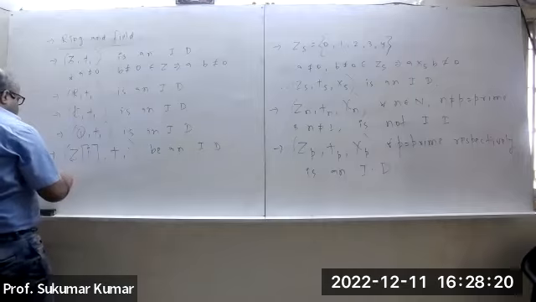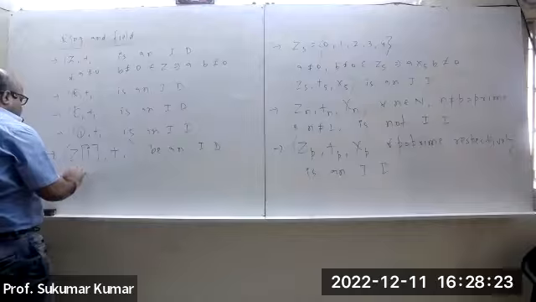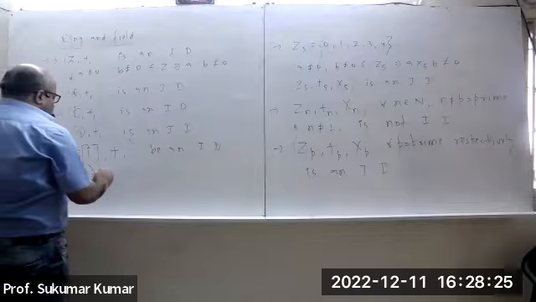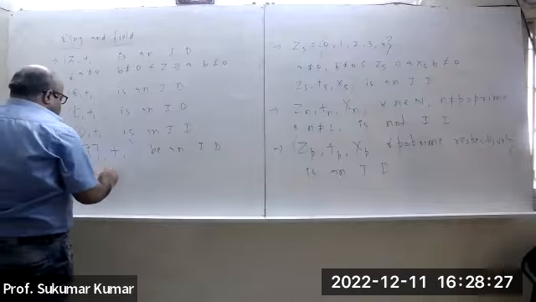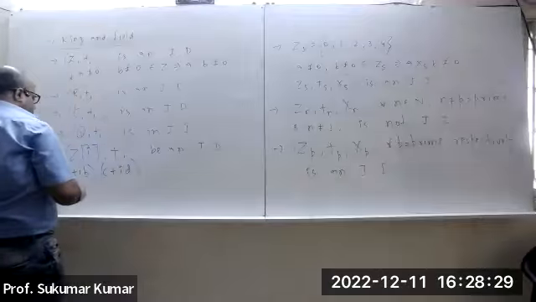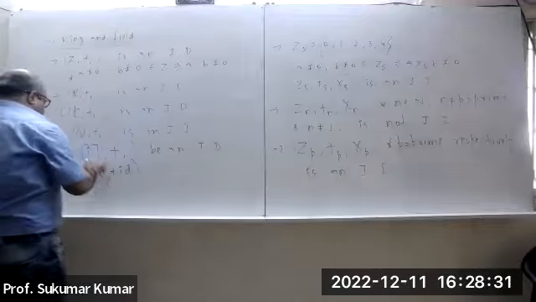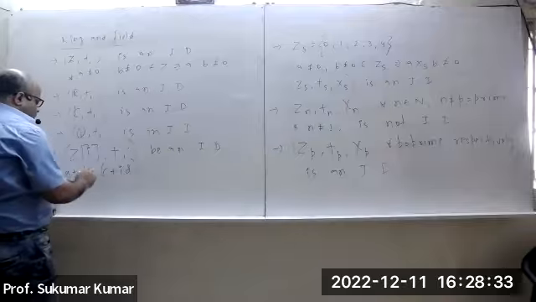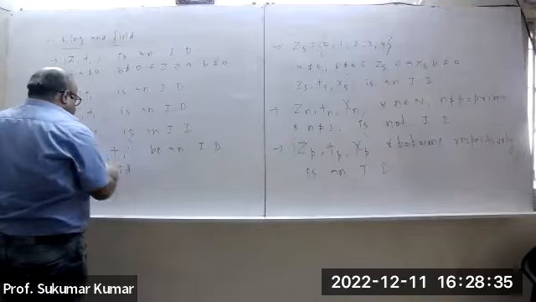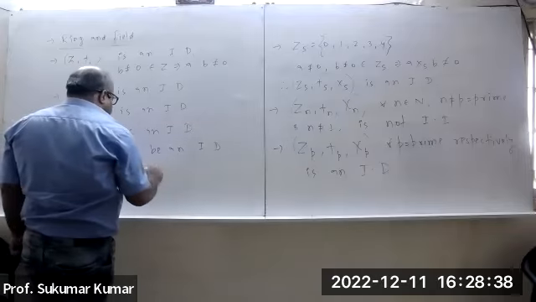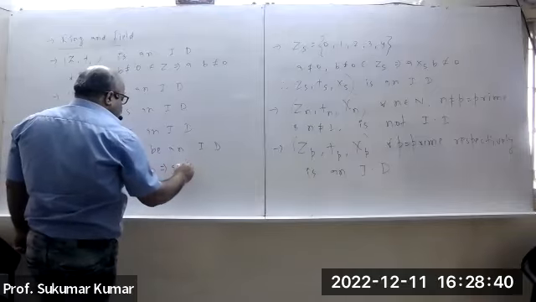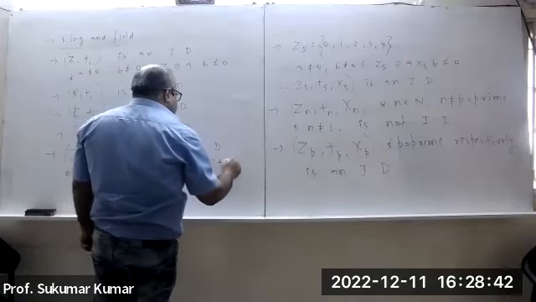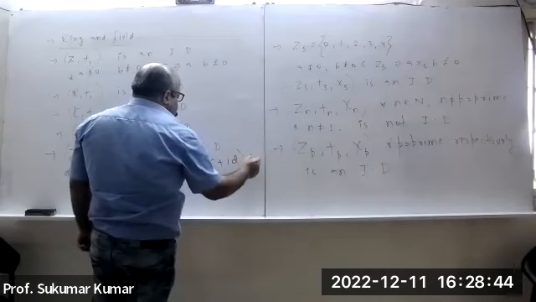Any two non-zero elements, if you choose A plus iB and C plus iD, otherwise non-zero, then their product will be non-zero.